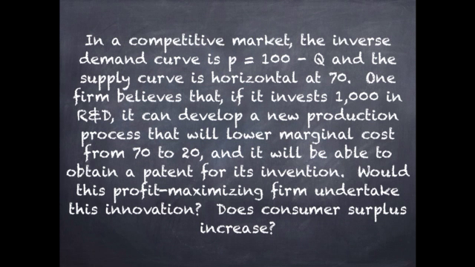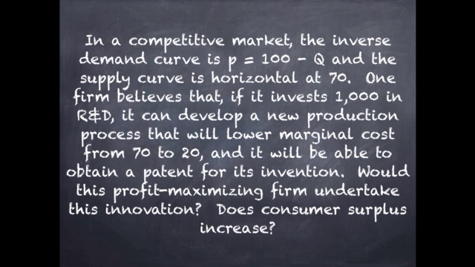So there's a couple of important things to realize here. The information about the demand curve, also that the supply curve is horizontal at 70. So what they're telling you is that, in essence, the price is equal to 70. So the supply curve is equivalent to the price here. Also, the investment of $1,000 is going to be considered a fixed cost. And it's very important to realize that the marginal costs are going to fall from 70 to 20.